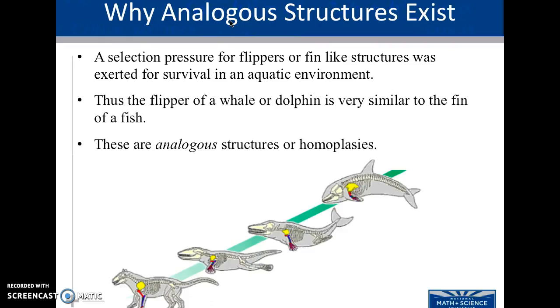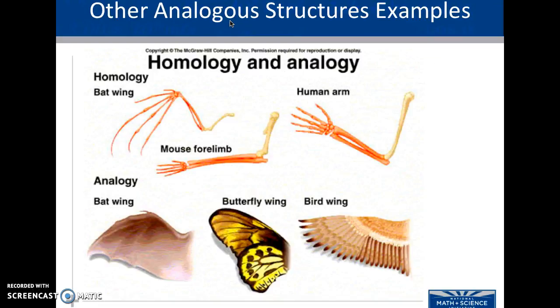In this example, a selection pressure for flippers or fin-like structures was exerted for survival in aquatic environments. Thus, the flipper of a whale or a dolphin is very similar to that of a fish, but they are analogous structures. They don't have a recent common ancestor, and they are only similar in purpose. Some more analogous structures.